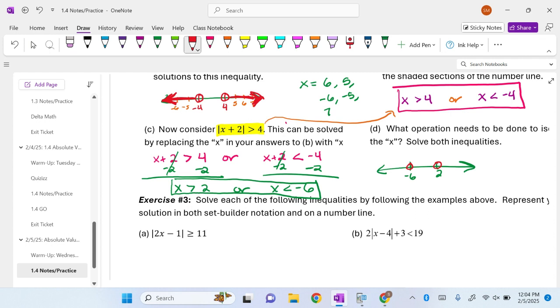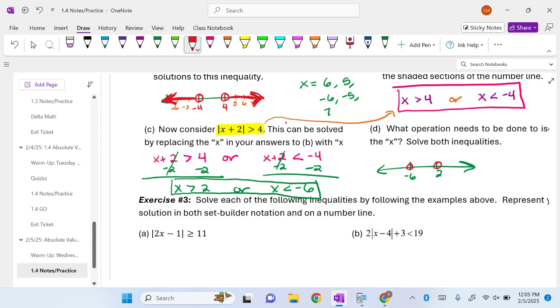So with numbers for X, if I input them in for X, would they make the statement true, X is greater than 2, if they're numbers to the left of the 2 or to the right of the 2? Which numbers would work? So ask yourself. 1 is to the left of 2. So if I plug in 1 for X and X is greater than 2, would that work? Yes or no? Is it true that 1 is greater than 2? No. So to the left of 2 doesn't work.